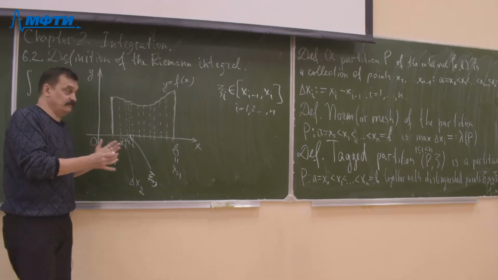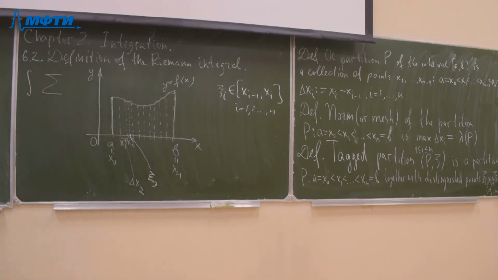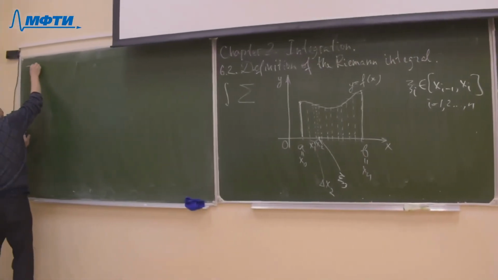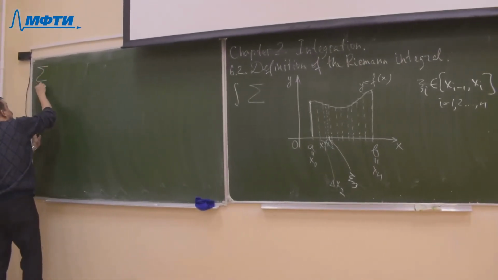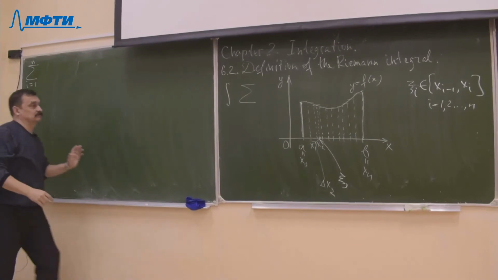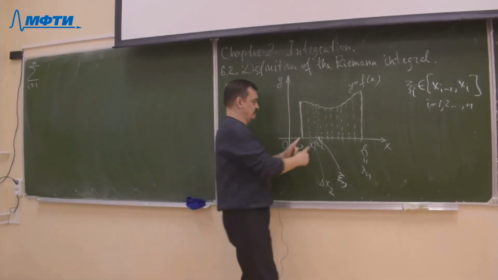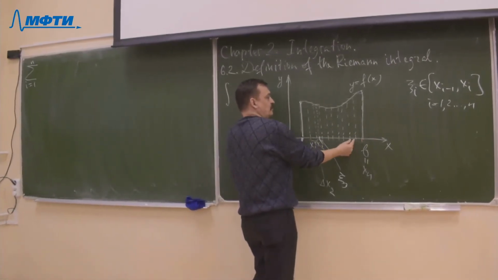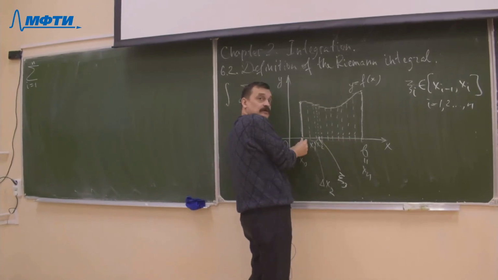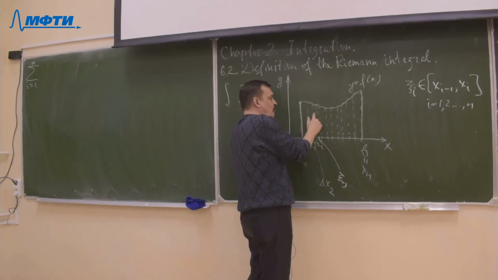What do we obtain? Let me write down what we obtain. We obtain a sum of n terms according to how many intervals we choose, right? And for each term, what is the area of one rectangle?